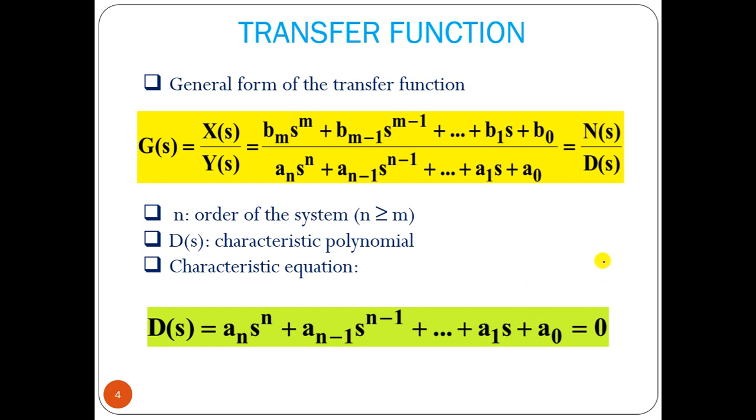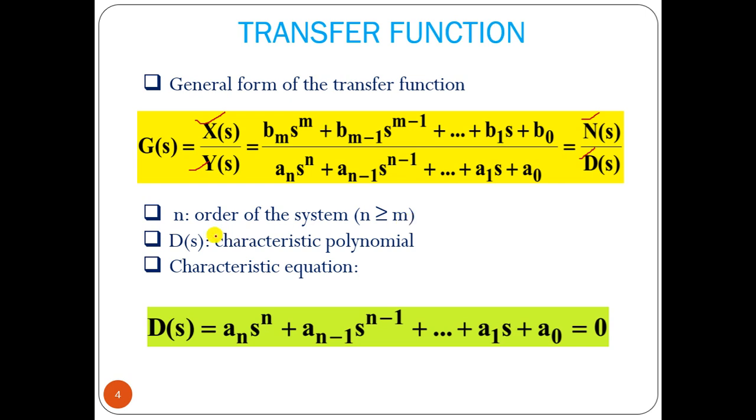Now, to find out the stability, what we require is the transfer function of the system for a linear system. Transfer function can be written as Laplace of output to Laplace of input. So we have two polynomials, numerator and denominator polynomial, that can be written in this particular form.